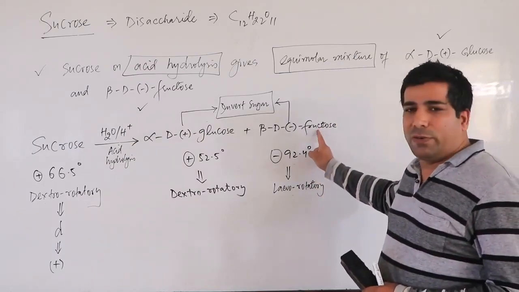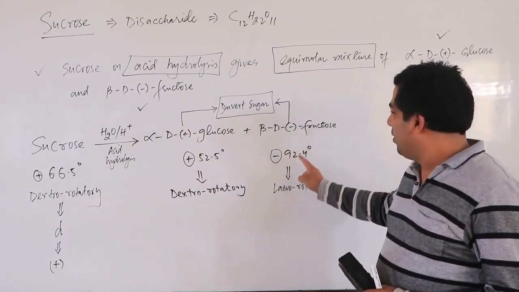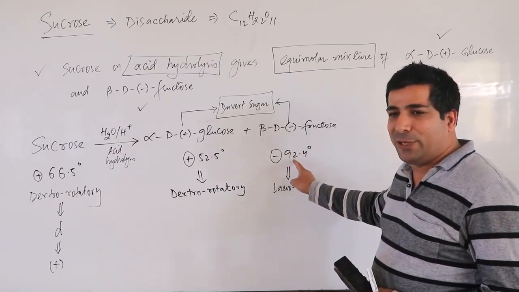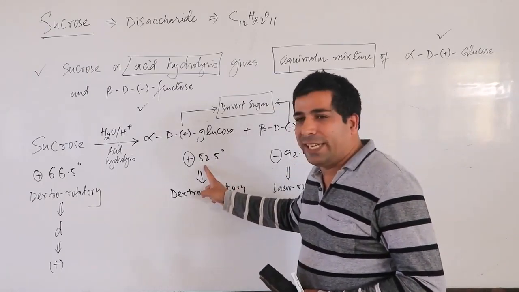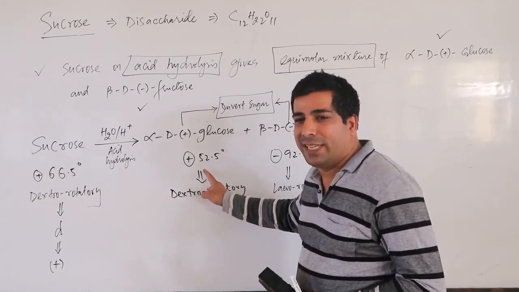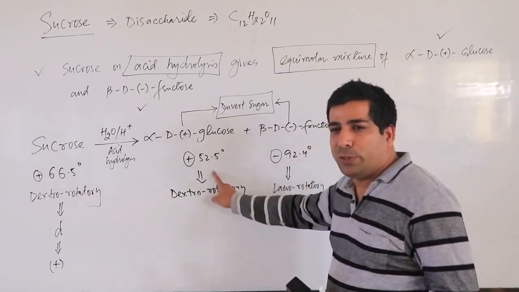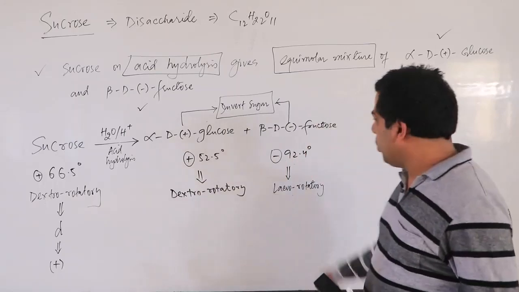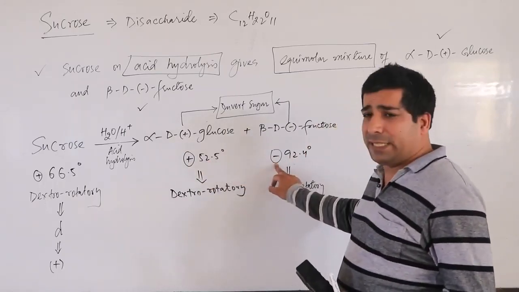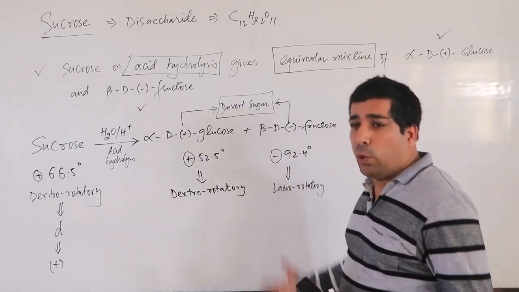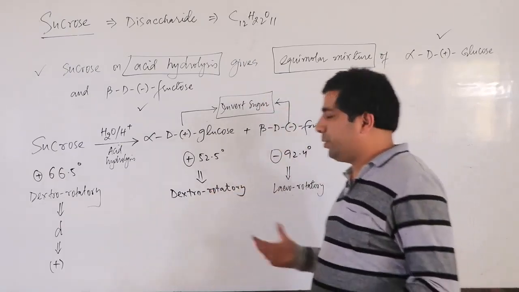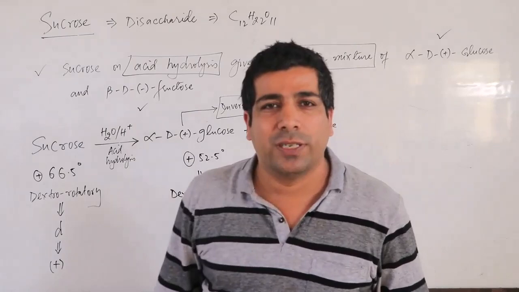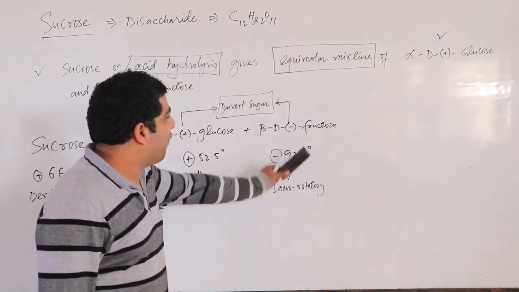The more powerful is the fructose molecule, because it is rotating the light in anti-clockwise direction more, and this one is rotating the light in clockwise direction but less. Between these two molecules, who is more powerful? Don't look at plus and minus, just see who has more value, who can rotate the light more. Between glucose and fructose, who can rotate the light more? It is basically the fructose.